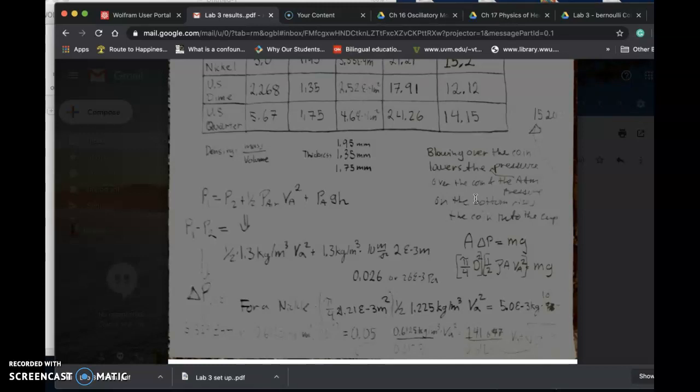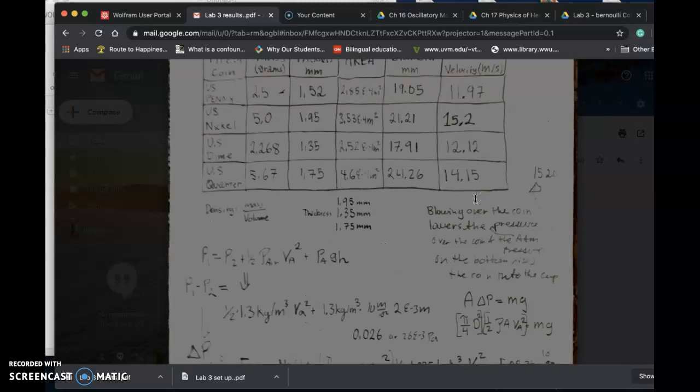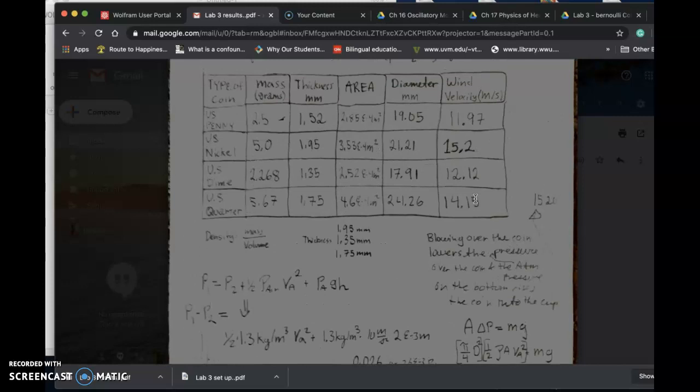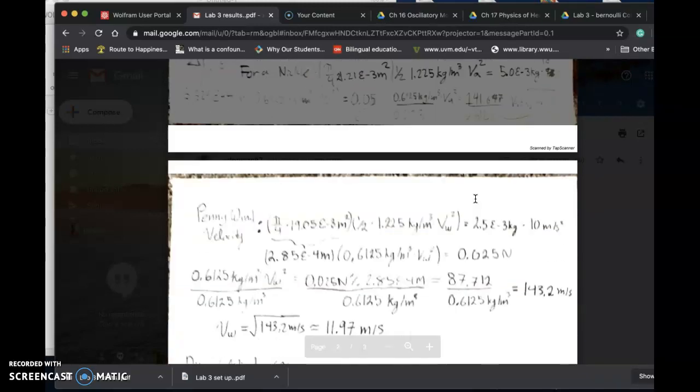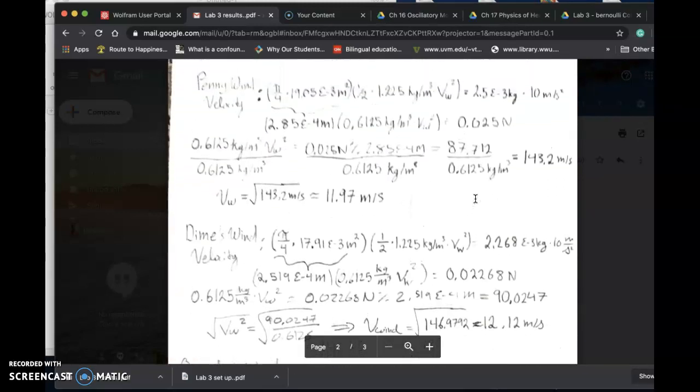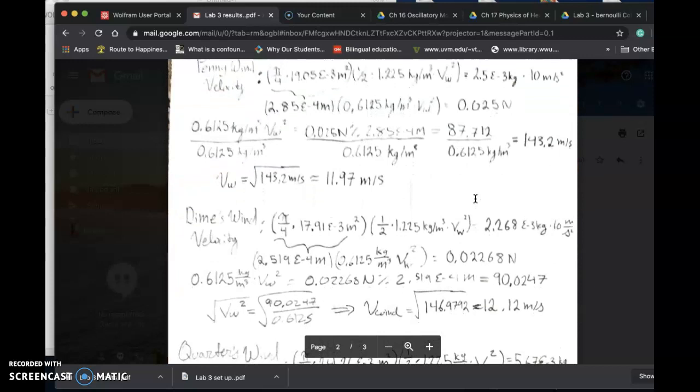For a nickel, our end equation gave us a velocity of 15.2 meters per second. Now, if you equate this to each one of the calculations, as you can see, a penny doesn't require as much, only needing 11.97 meters per second of wind in order to blow it into the cup, 1 inch above the table's surface.